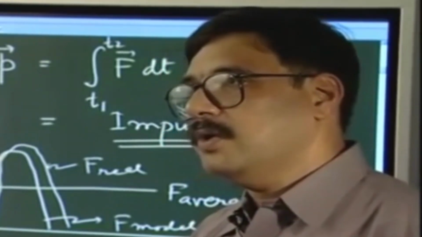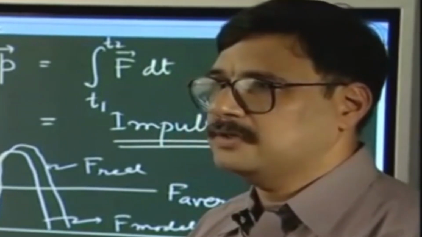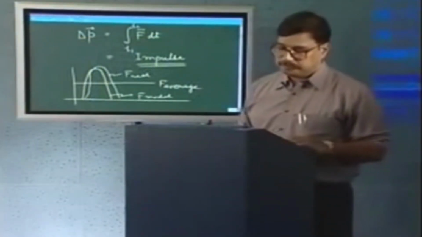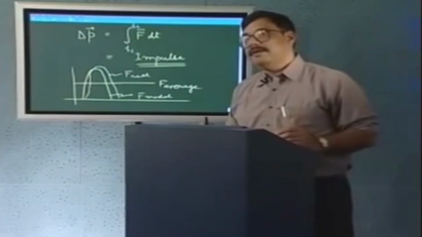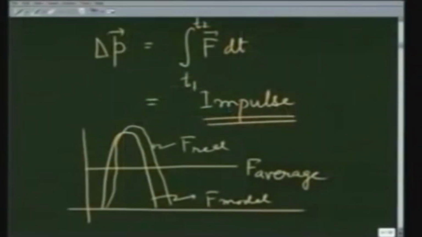So, in situations where a very large force acts for a very short time, we are going to use the impulse and use the net change in momentum. You can see that our model is quite okay. Take an example of a hammer hitting on the wall. Hammer is made of iron and therefore it is very hard, and the force it imparts therefore is very large.